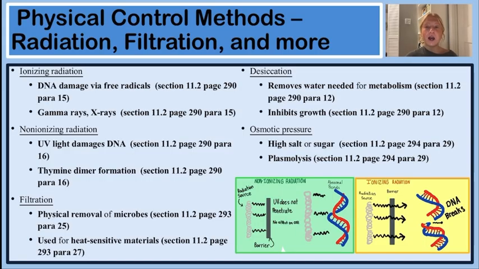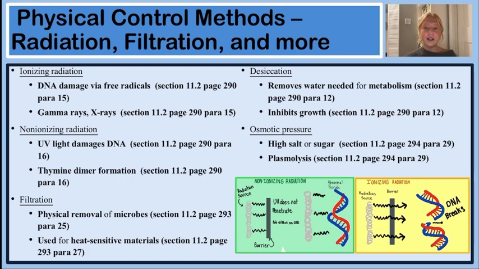But then we have non-ionizing radiation, and this works differently because it uses ultraviolet light, which creates thymine dimers in DNA, which can block replication and transcription. Although its effectiveness is limited by poor penetration.